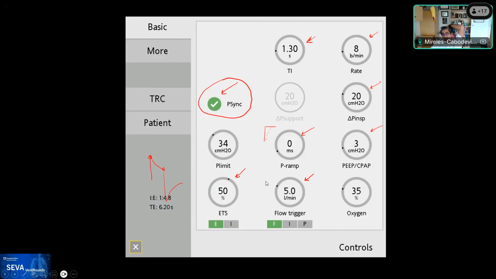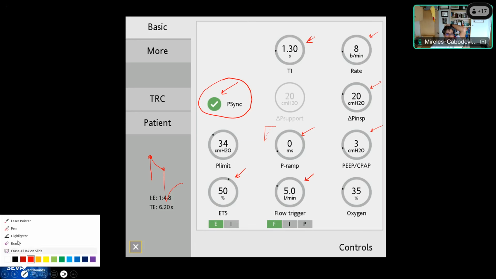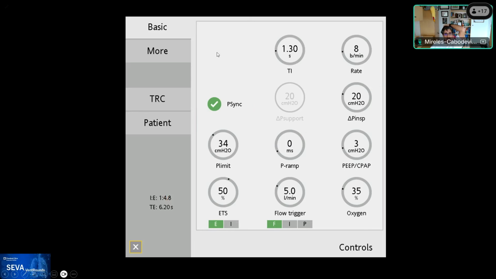Yeah, and actually I spent some time at the bedside to the point that the nurse came and asked me, "Are you okay?" because I was pressing buttons. So just look at the variety that exists hidden within this mode. I'm going to erase all my arrows just for a second so that we can make it more evident for everybody.